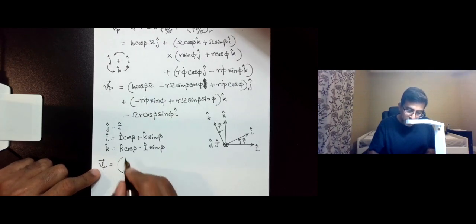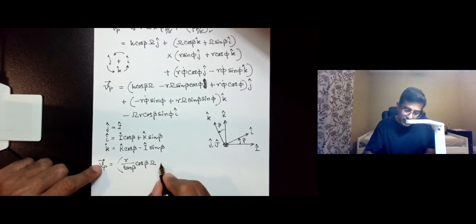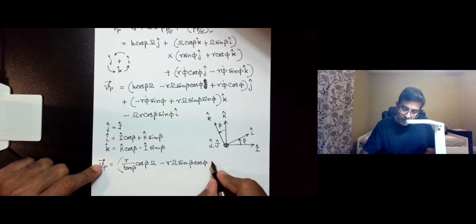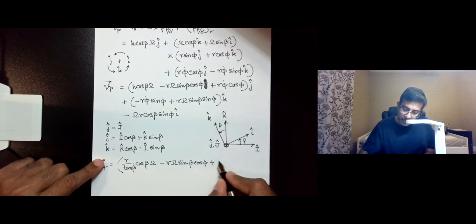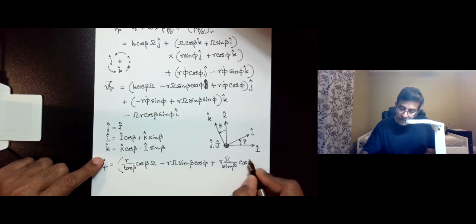So substituting that here, r divided by tan beta times cosine beta omega minus r omega sine beta cosine phi plus phi dot is omega divided by sine beta, so r omega divided by sine beta cosine phi.